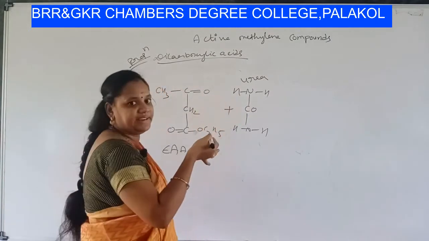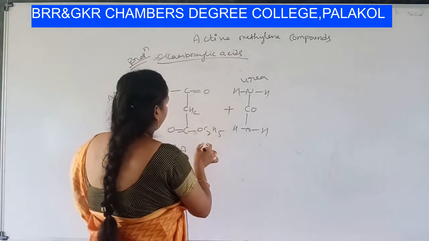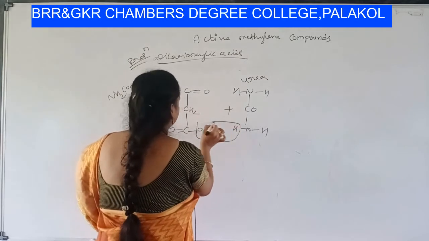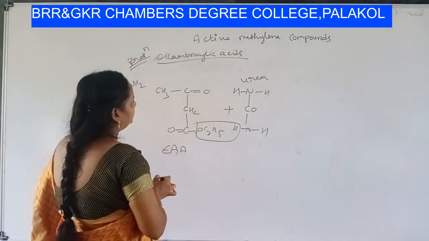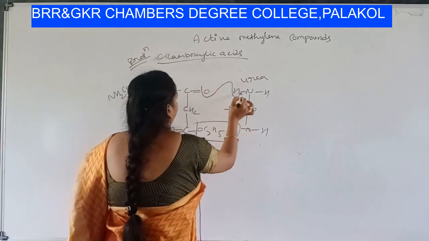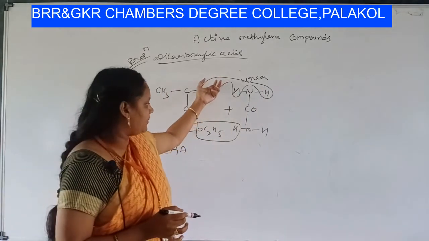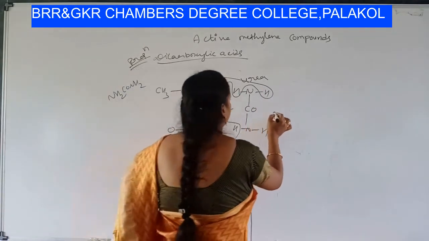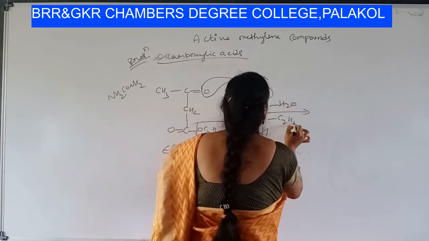So, this is our final reaction, students. What happens here? OC2H5 is removed here, and again H2O is removed from here. Water molecule from here, alcohol from here is removed. So, minus water, minus C2H5OH.